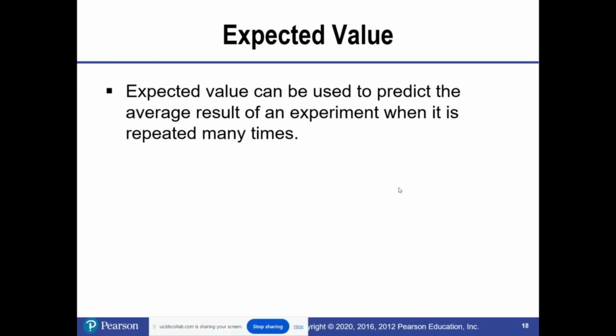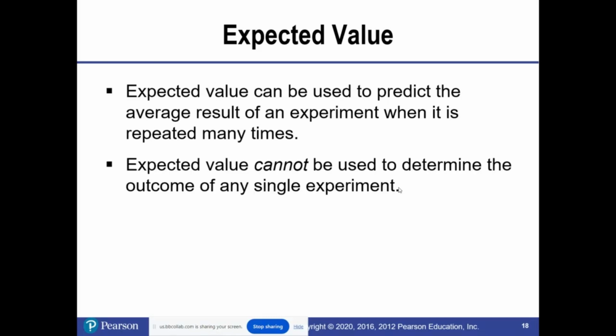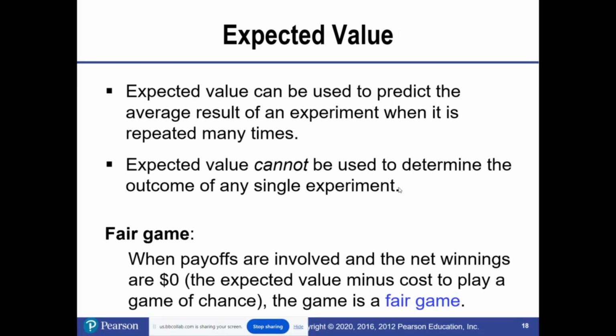Expected value can be used to predict the average result of an experiment when it's repeated many times. It cannot be used to determine the outcome of any single experiment. And it's considered a fair game when payoffs are involved and the net winnings are $0. So the expected value minus the cost to play a game of chance.